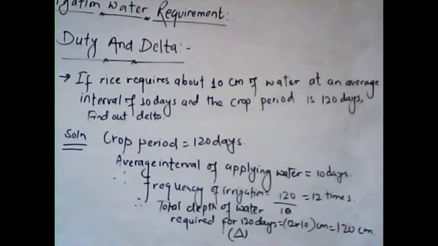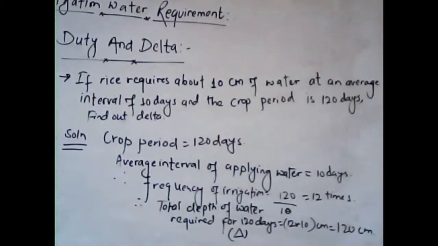This is the question, and we need to solve it. In the question we are given that the crop period is 120 days, and the depth of water required at the first irrigating frequency level is 10 centimeter, and such 10 centimeter depth of water is required after 10 days.